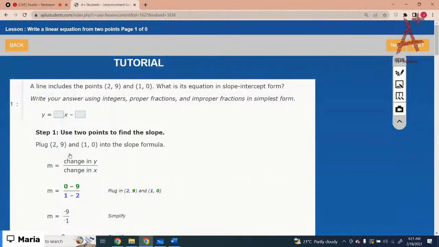Now you're given two points to write the linear equation. Got it? You can use these two points to find the slope. So you need two things.